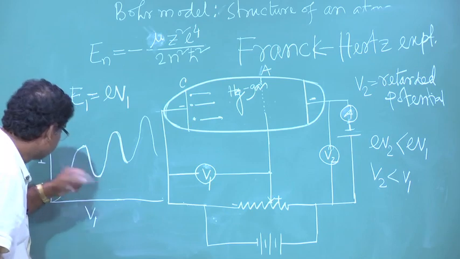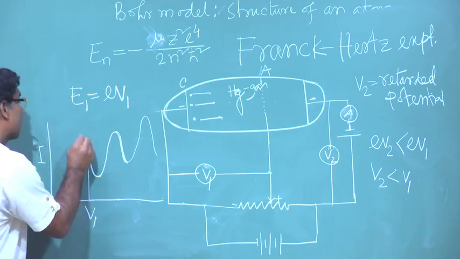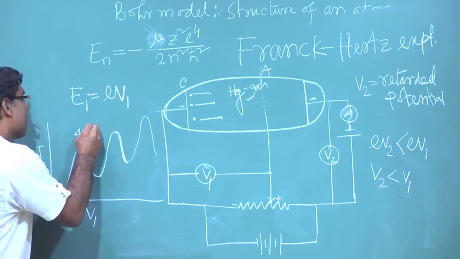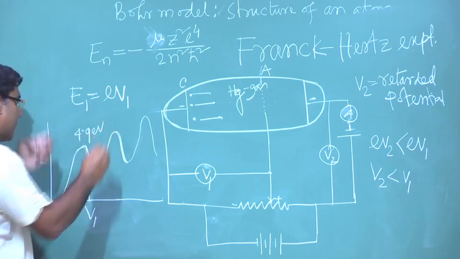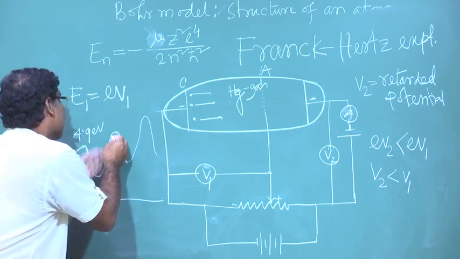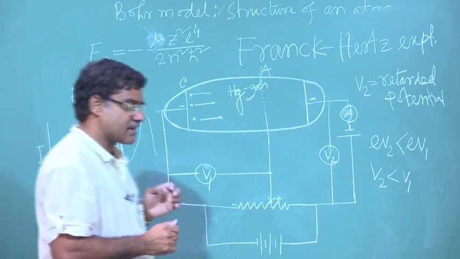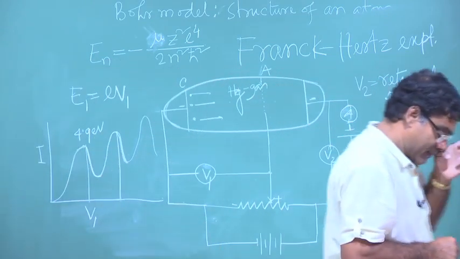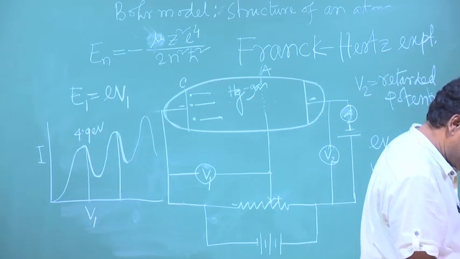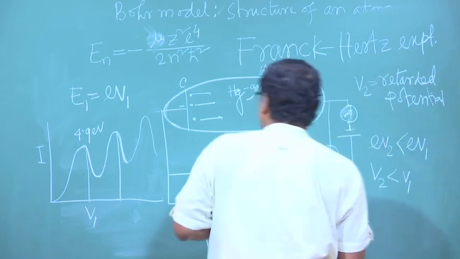Now, at a particular voltage V1, when the energy E1 equals EV1, the current suddenly drops. This value was seen to be 4.9 electron volt. Then the second drop came at 6.7 electron volt.